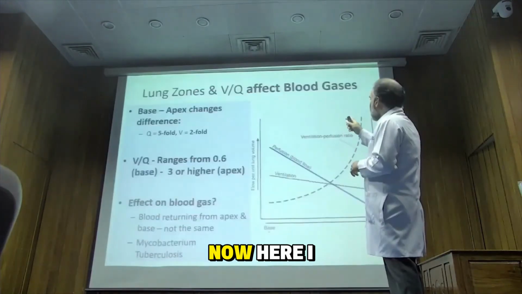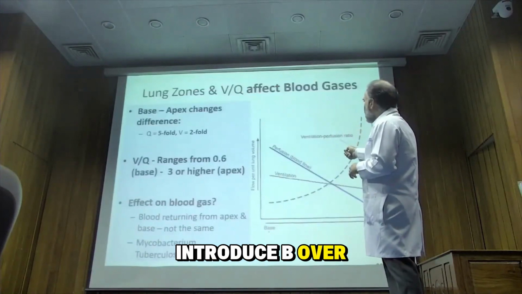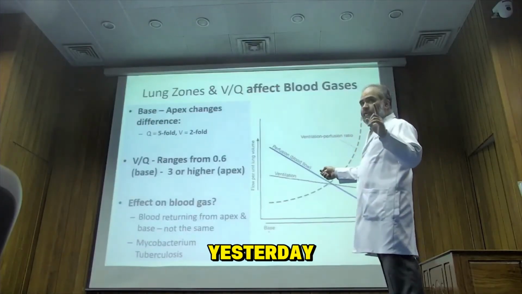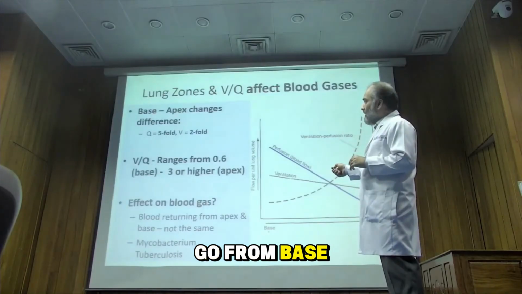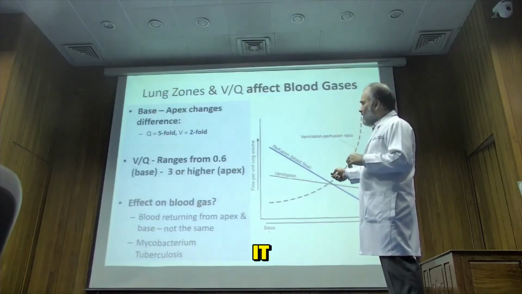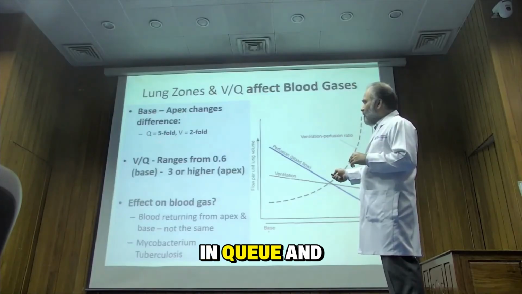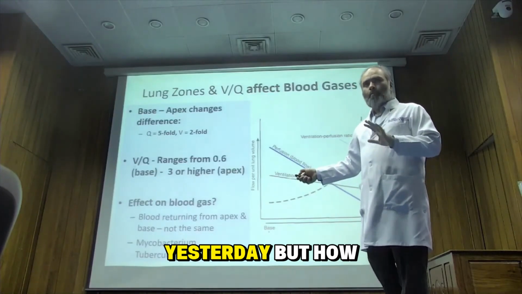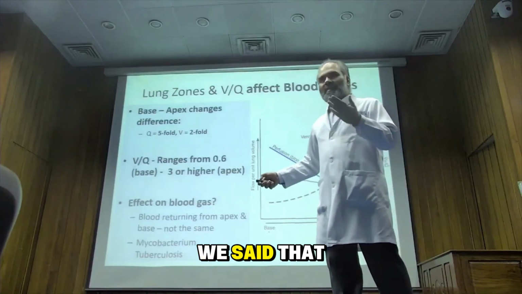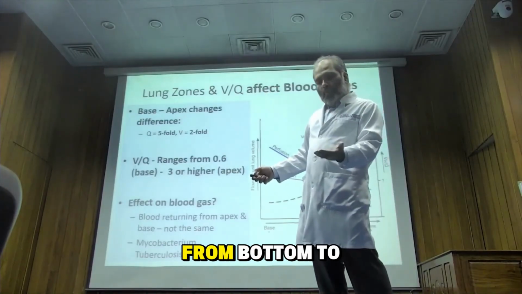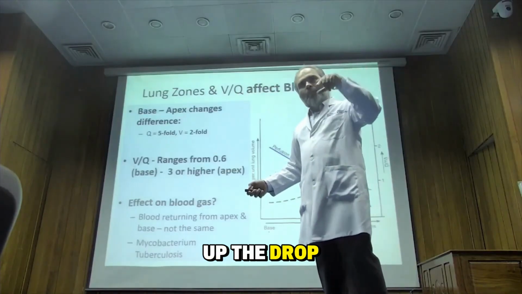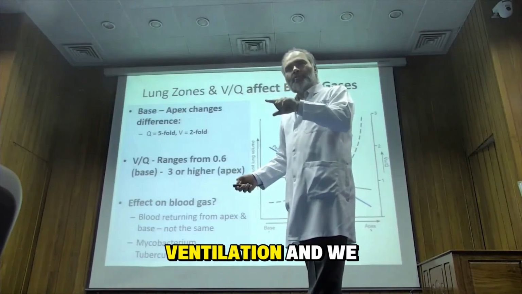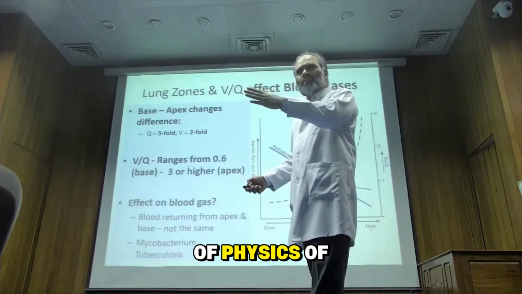Okay? Now, here I introduce V over Q and blood gases. I mentioned yesterday that as you go from base to apex there is a decrease in Q and a decrease in ventilation. But how much? We said that if you go from bottom to top, the drop in Q is much more than the drop in ventilation, and we discussed a bit of the physics of that.